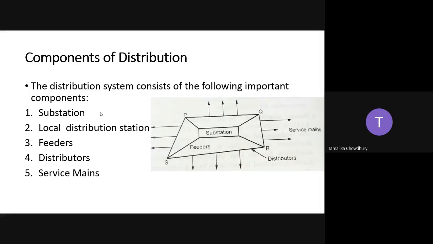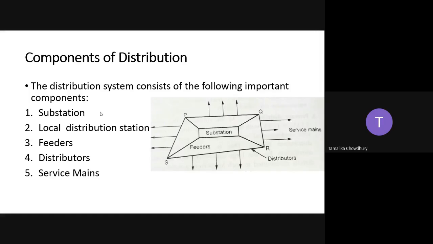Okay, so substations, the transmission lines bring the power at 33 kV, as I said, and at the substation that level is reduced to more like 3.3 kV or 6.6 kV. So that is the first part of the distribution, the substation. Then using the feeders, the power is given to the local distribution station.